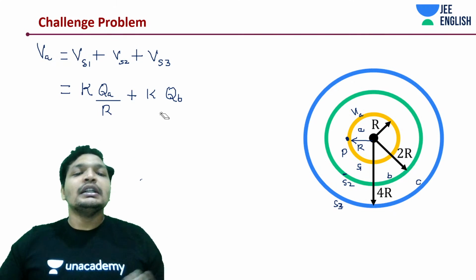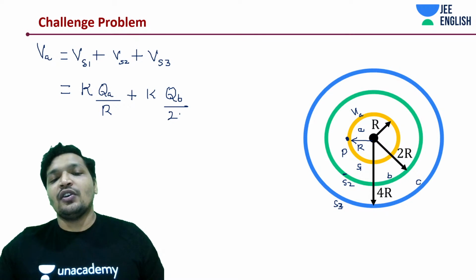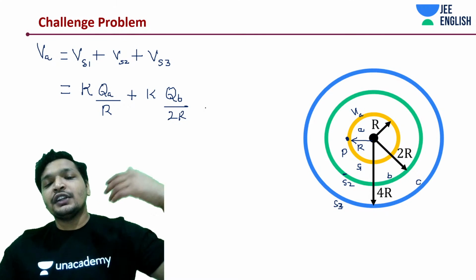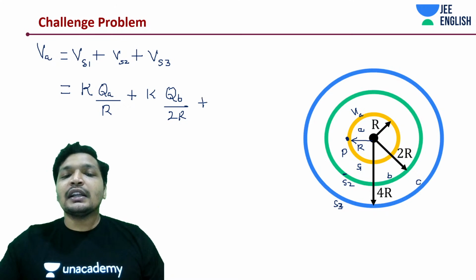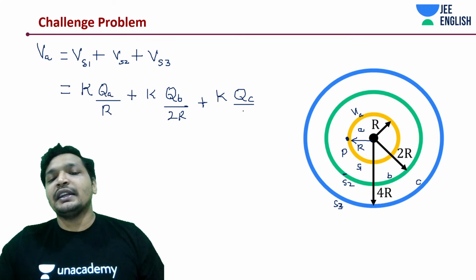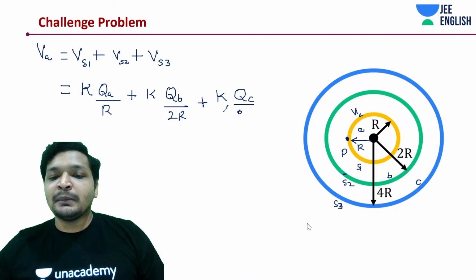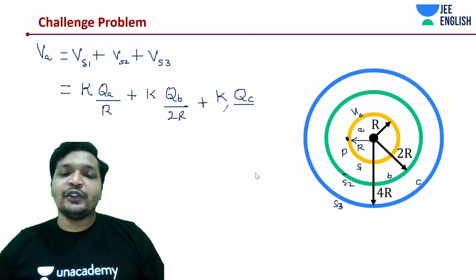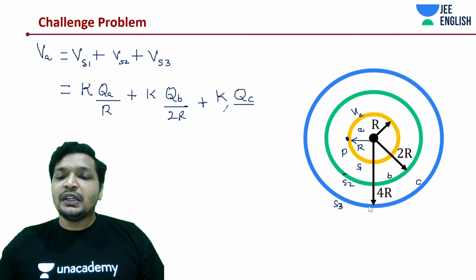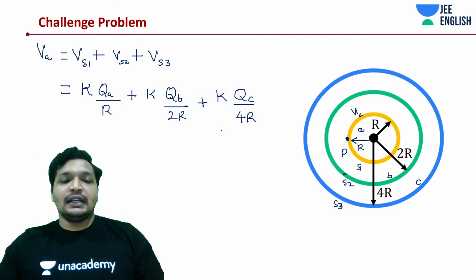No. Just the same potential would exist as if it is on that surface of shell B. And similarly for shell C, we are going to write it down as QC divided by 4R. Right? It's quite a simple math. Just substitute the value of QA, QB and QC, and there you go, you will get the answer, guys.